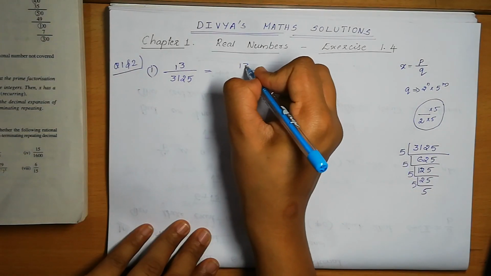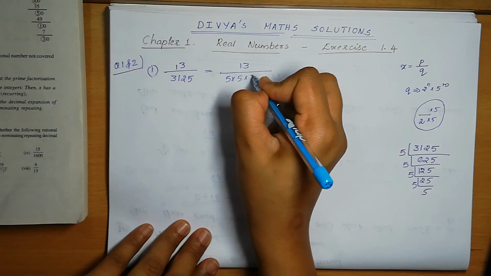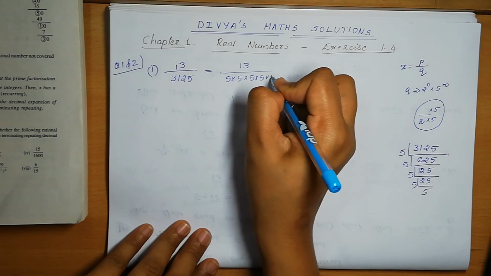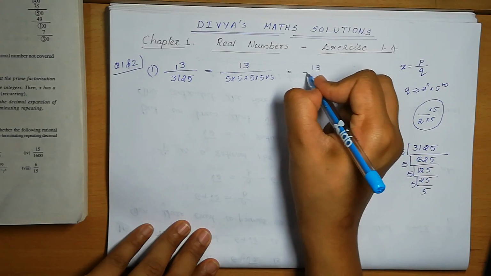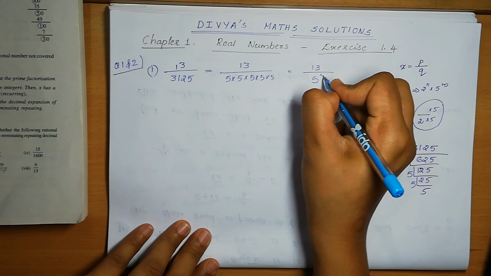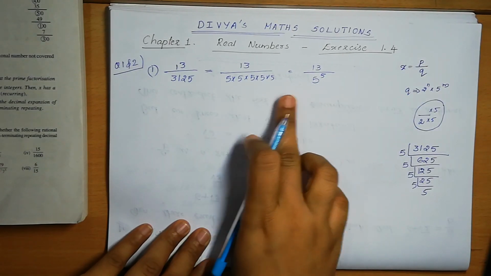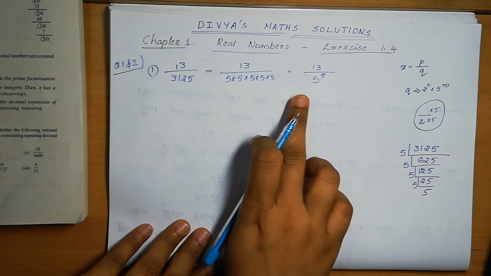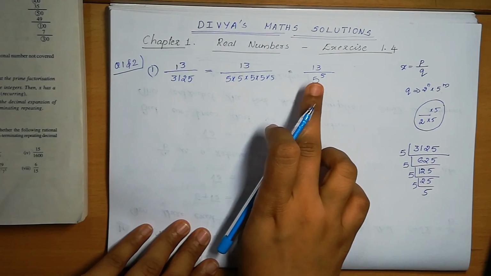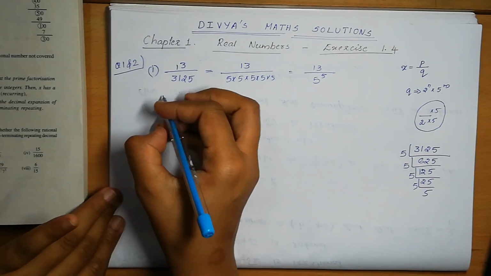So 13 divided by 5 into 5 into 5 into 5 into 5, that means 13 divided by 5 power 5. 1, 2, 3, 4, 5. From here it is clear that the denominator is in the form of 5 power m. If the denominator is in the form of 5 power m, we can say that this is a terminating decimal expansion.